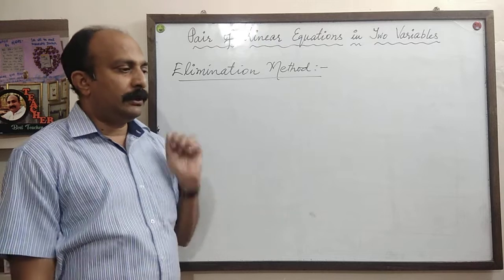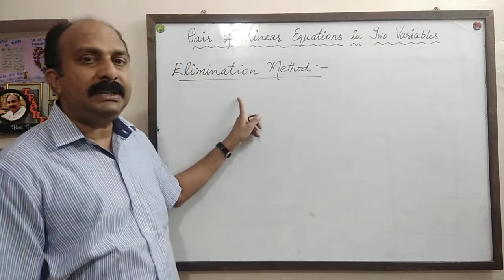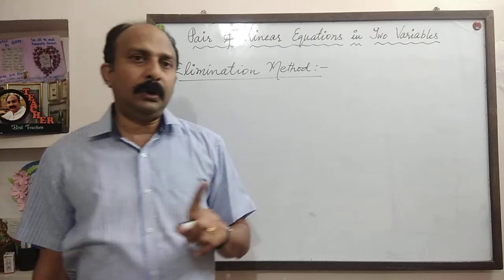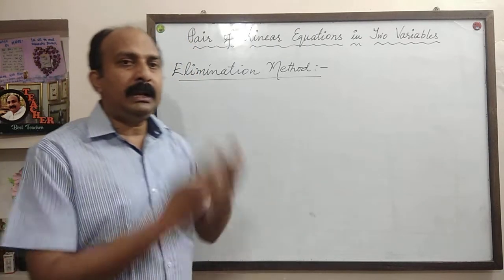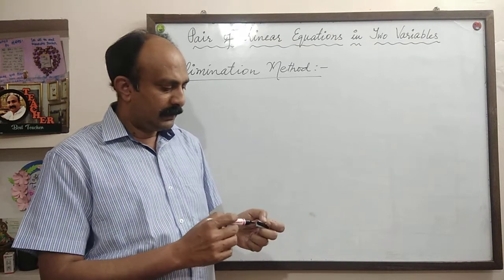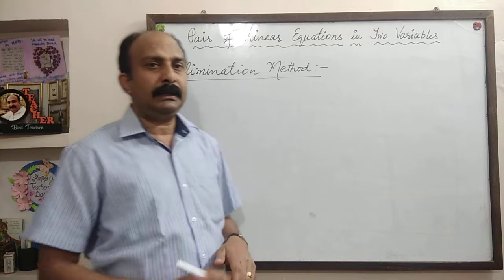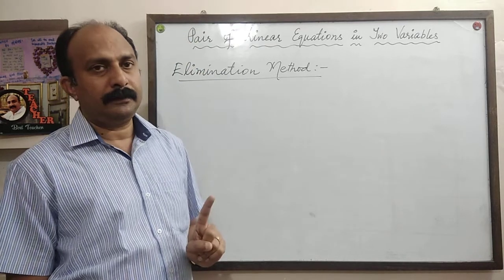So the second method of solving a pair of linear equations is called elimination method. As you all know, the word meaning of elimination is to eliminate something, to destroy something. Yes, in this elimination method, we are eliminating one of the variables.